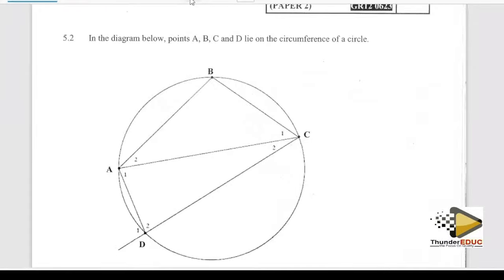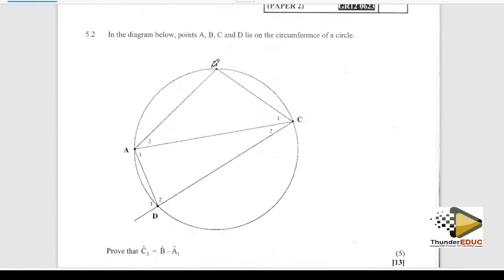They are telling us that in the diagram below, A, B, C, and D are lying on the circumference of the circle. Can we prove that C2 is the same as B minus A1? This is serious now. C2 is the same as that minus that. Okay, let me do this.